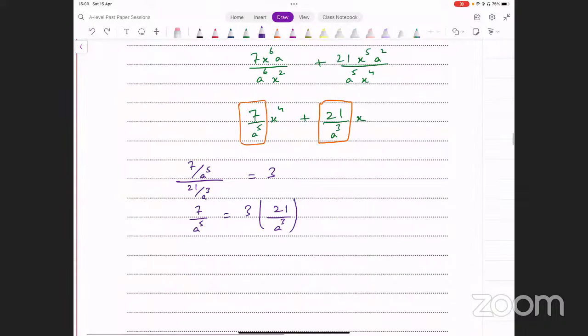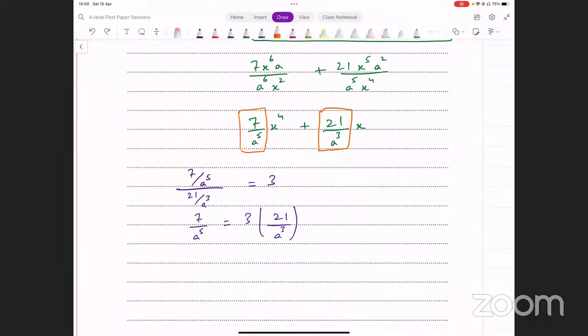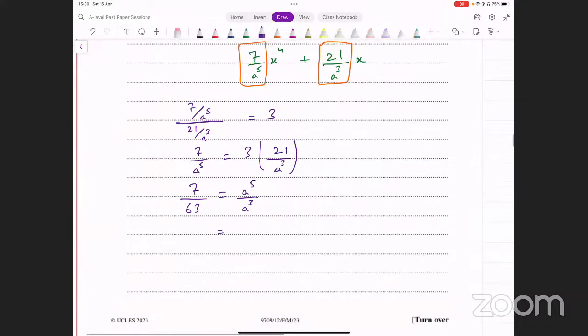I would actually do it this way. 3 और 21 को मैं लेफ्ट साइड पे ले आता हूँ. So I have 7 over 63. On the right side, I would have a raised to power 5 over a cube. Right, so that leaves me with a squared equals 7 over 63, which is 1 over 9.